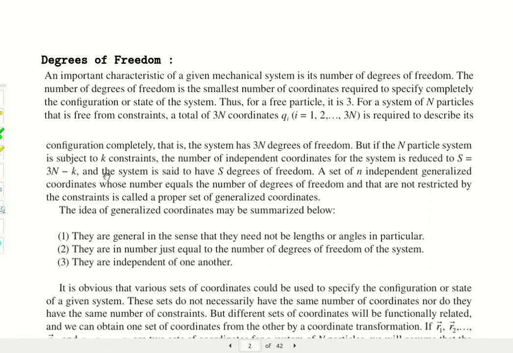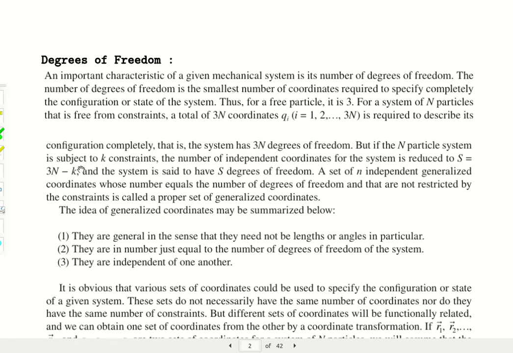So 3n minus k is the measure of the degrees of freedom for a system of particles in 3D motion. And here it is written that the degree of freedom is the smallest number of coordinates required to specify the complete configuration or the state of the system.